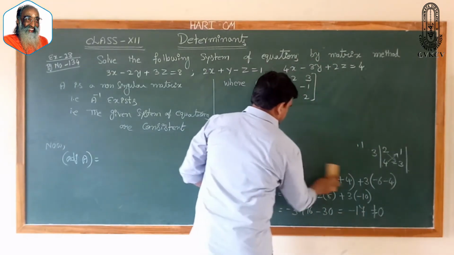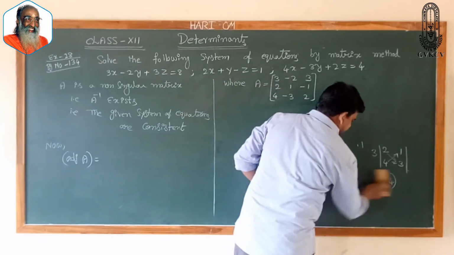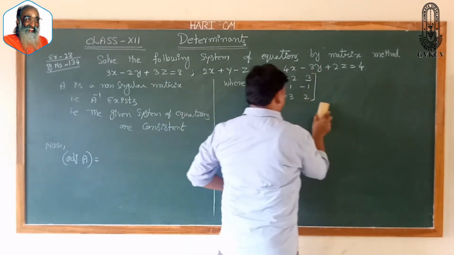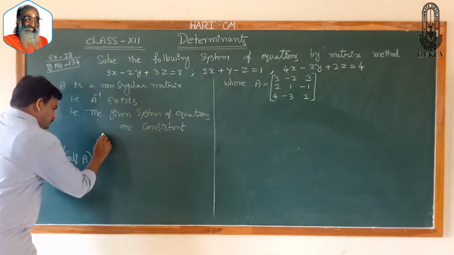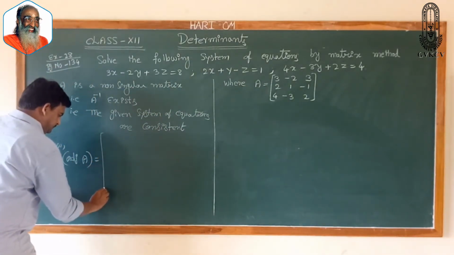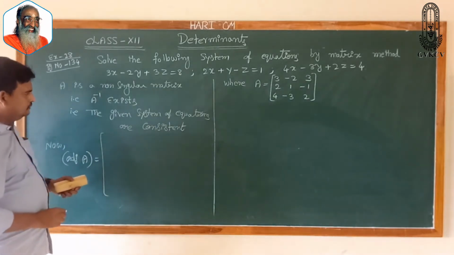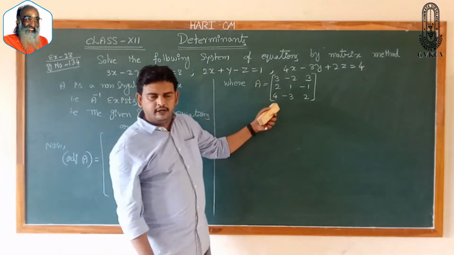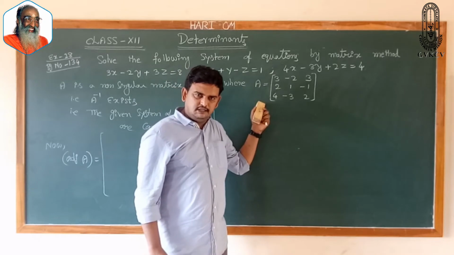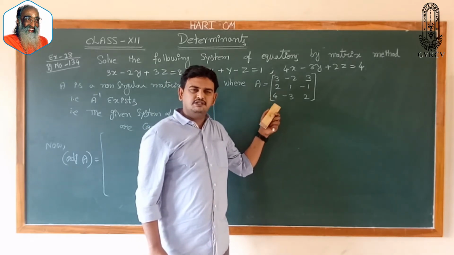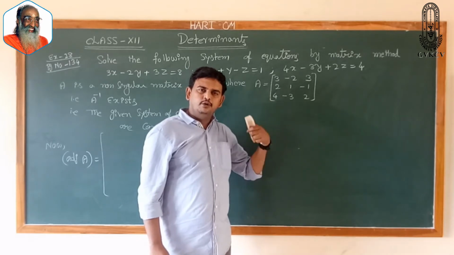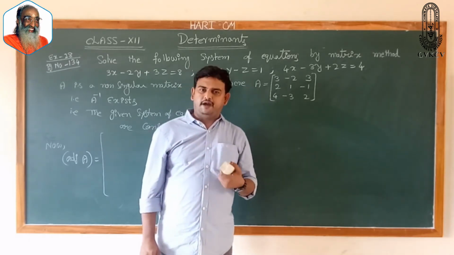It is not at all a difficult task. So, as I told you, first we have a 3 by 3 square matrix. This is that matrix A. We have 3 by 3 order, meaning 9 elements are there. We need to find 9 cofactors.